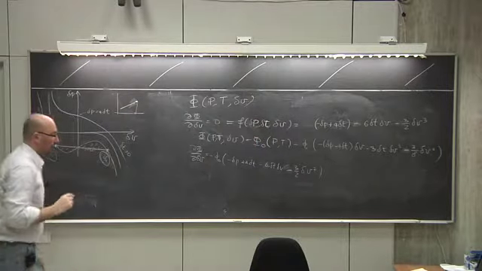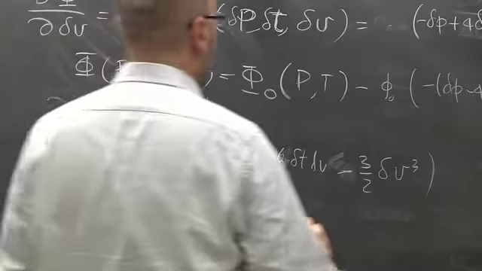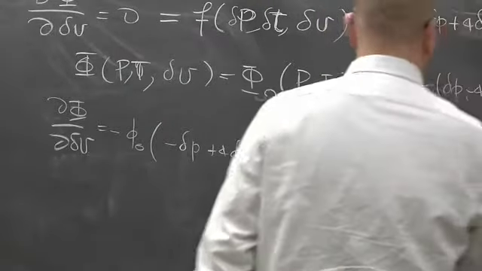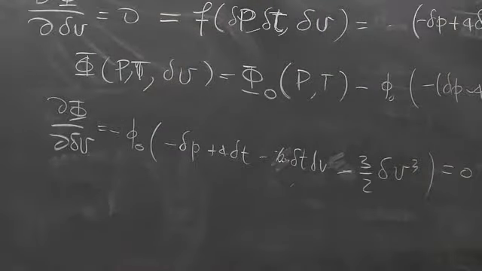Okay, very good. So when I set this equal to 0, then I get the equation that links dp, dt, and dv before. But now let me look at this function here of delta v.